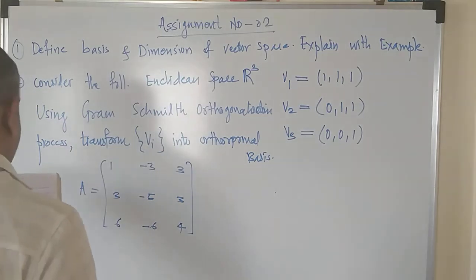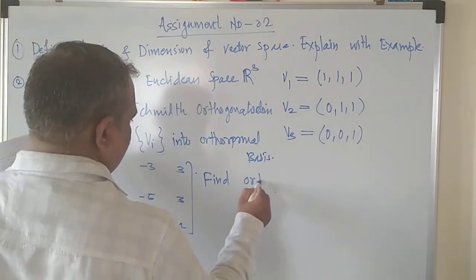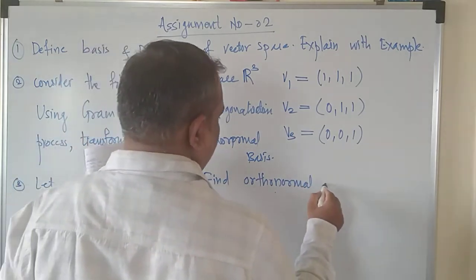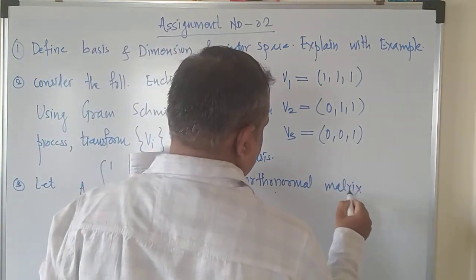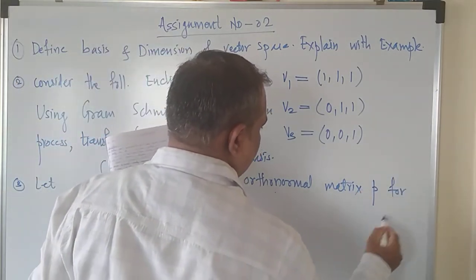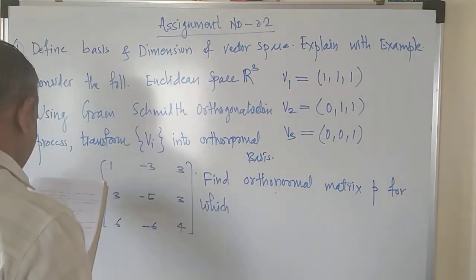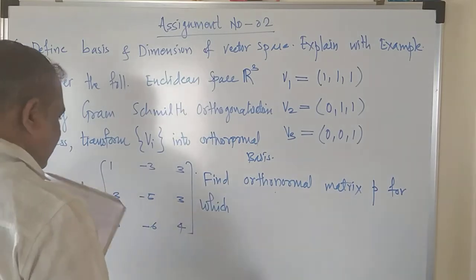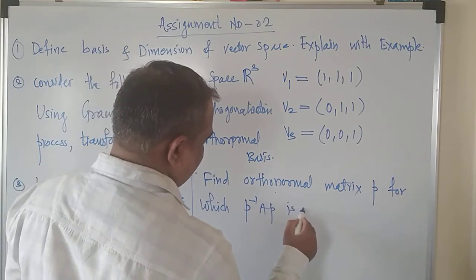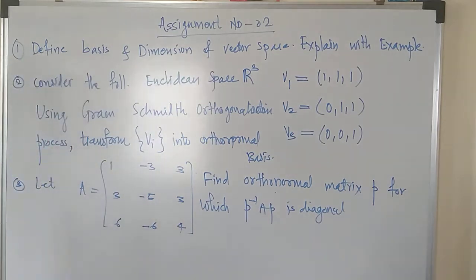You are asked to find orthonormal matrix P for which P inverse AP is diagonal.